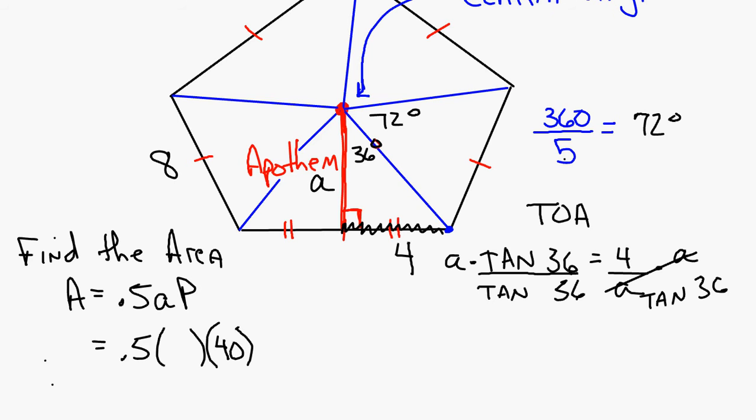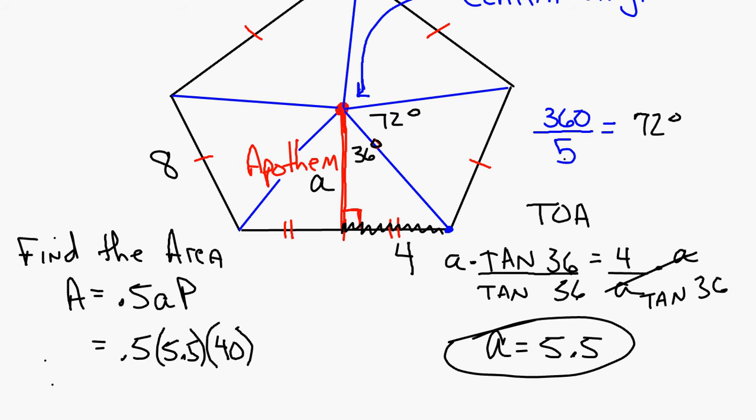My calculator didn't like that. 4 divided by 36 tan equals 5.5. Yeah. So the apothem in this polygon is 5.5. So now that value gets substituted here, 5.5. So the area of this regular pentagon is 0.5 times 5.5 times 40. 110.